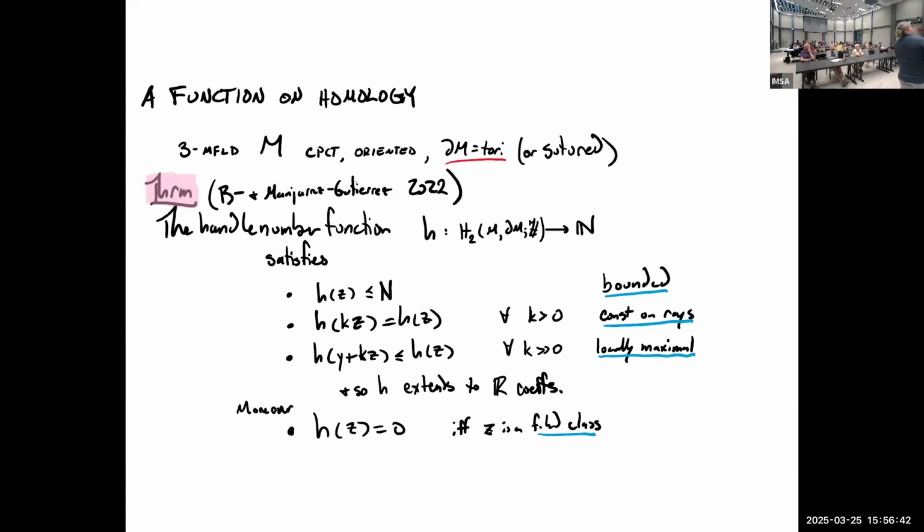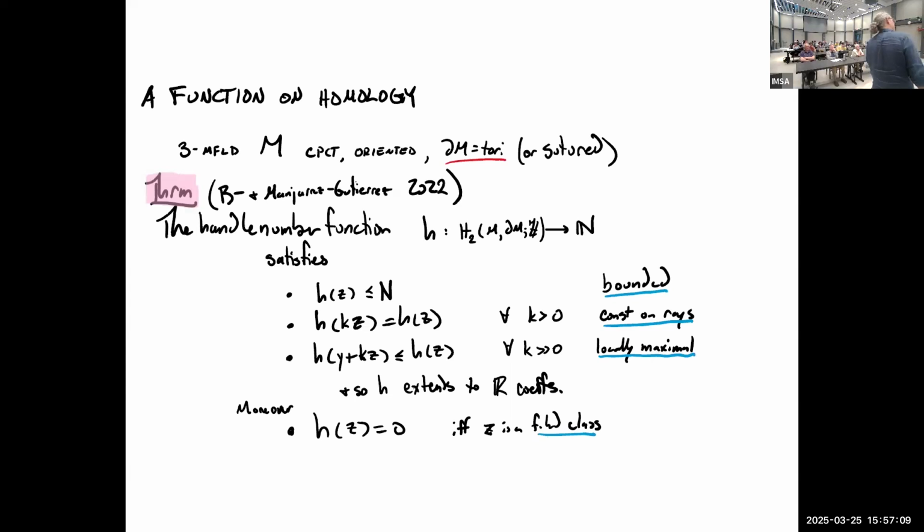So this gives us a handle number function that's defined on the relative second homology with real coefficients. Now, people who prefer to look at forms might say it's more natural to look at real coefficients when looking at Morse functions anyway, and I think you could easily get the same kind of results from that point of view.